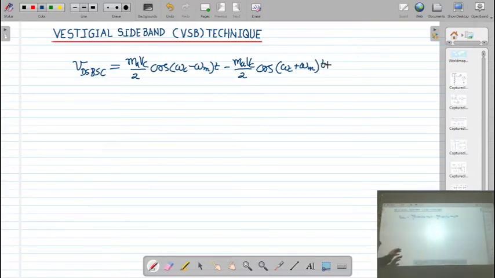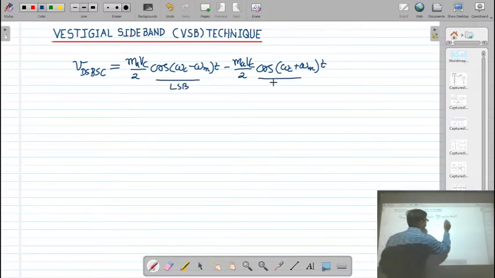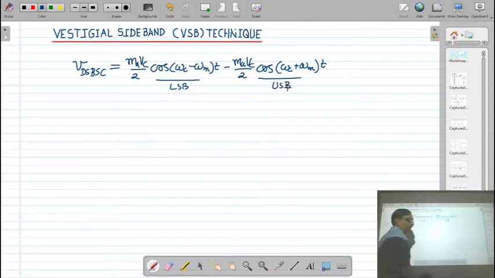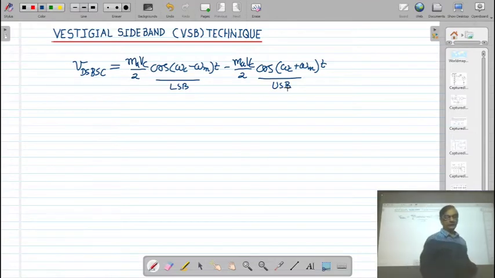Means here the lower sideband frequency as well as the upper sideband frequency both are going to be fully transmitted, only the carrier is going to be suppressed.